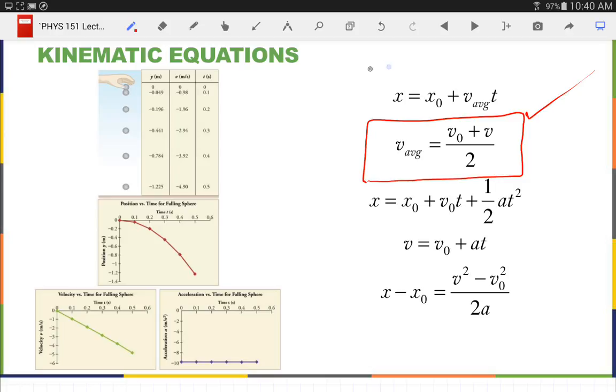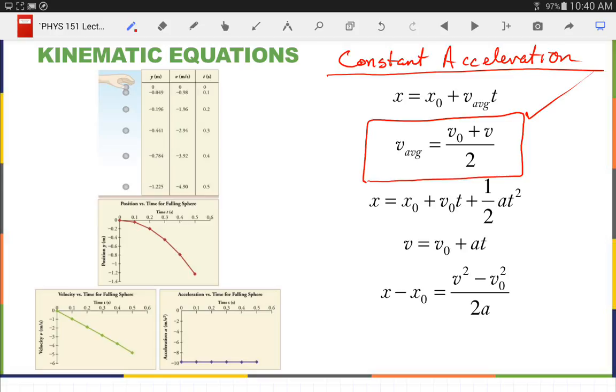I should mention there is another thing up here that is implied that I didn't write. It is specified in the textbook. These equations are only true if you have constant acceleration. If you don't have constant acceleration, then you're going to have a different average equation even.